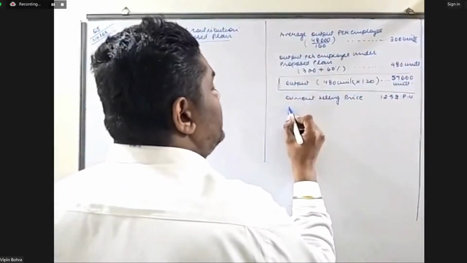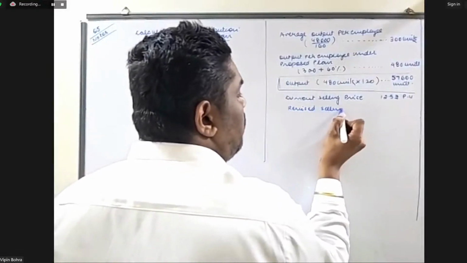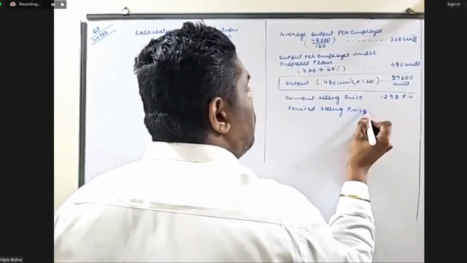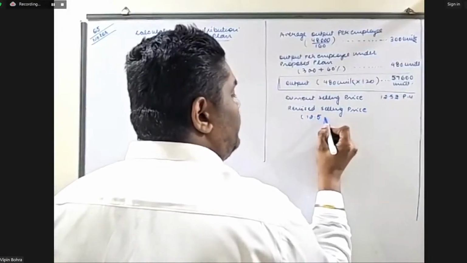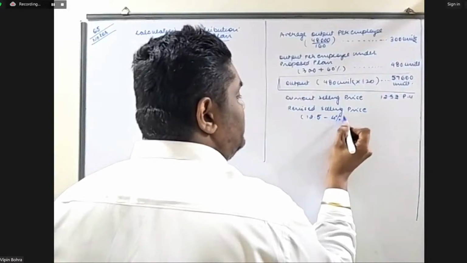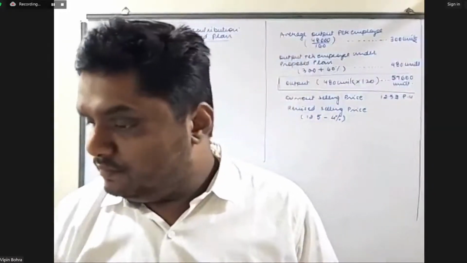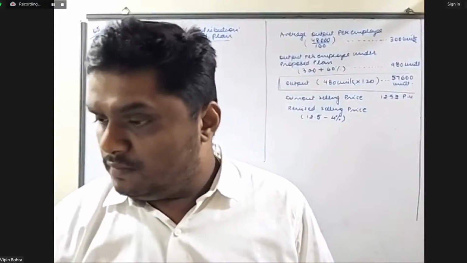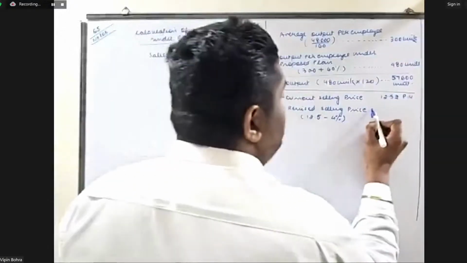So what will the revised selling price be? 12.5 minus 4%. So the new price will be rupees 12 per unit.